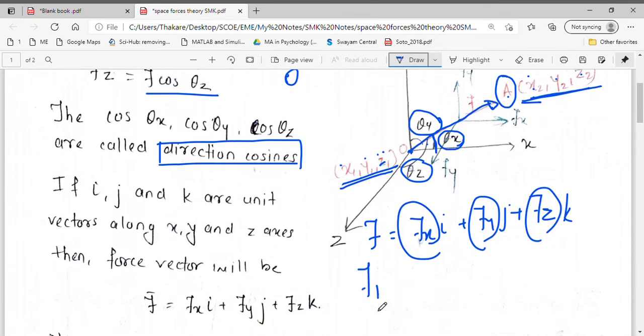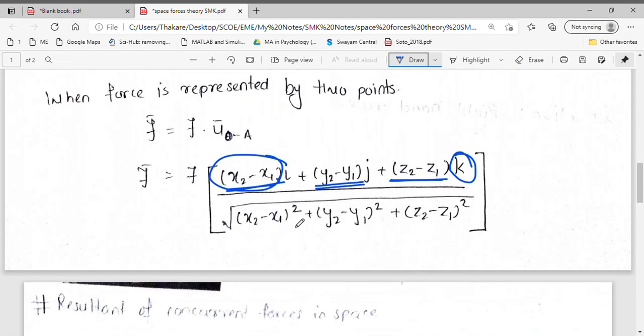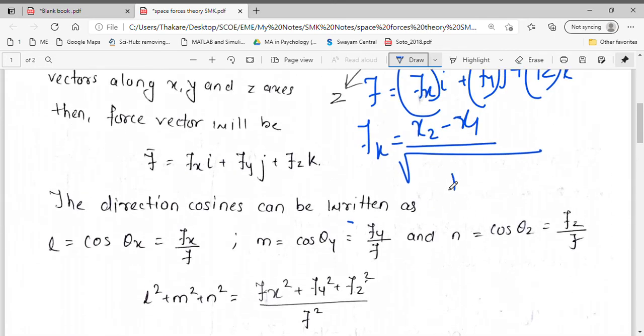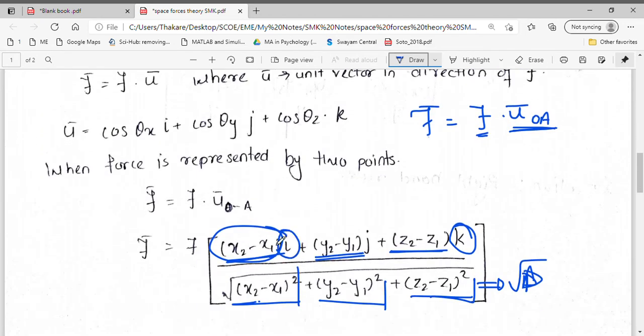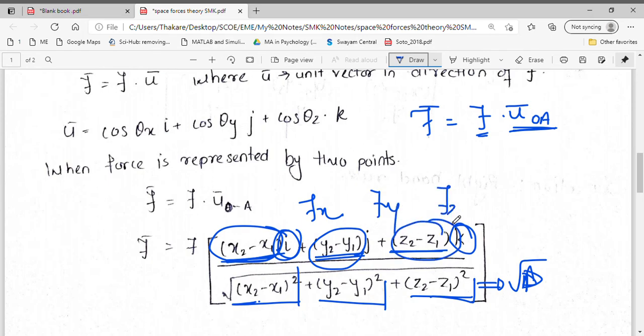So here your Fx will be x2 minus x1 upon under root of the entire term, x2 minus x1 squared plus y2 minus y1 squared plus z2 minus z1 squared. If I consider this as under root of d, then whatever will be the value with i would be your Fx, whatever would be the value with j will be your Fy, and whatever will be the value with k will be your Fz.